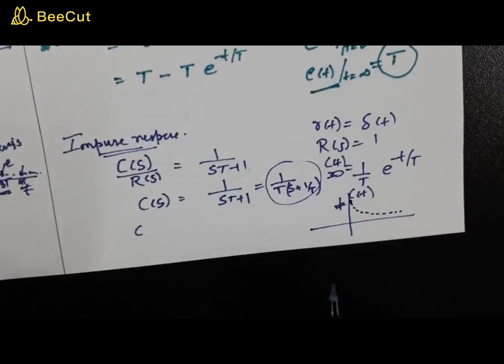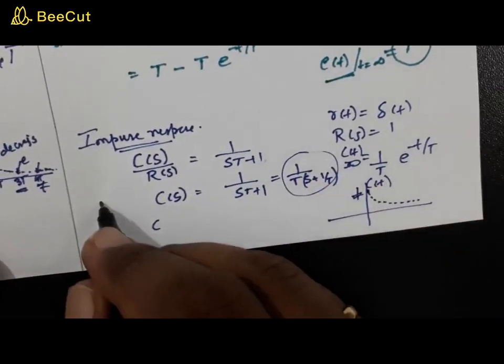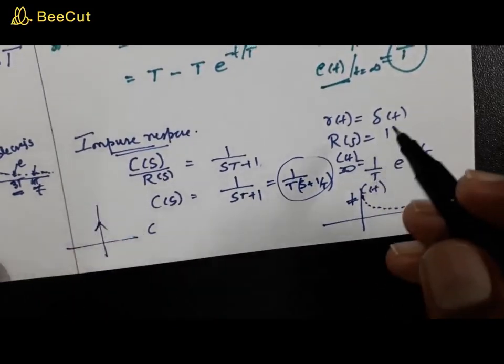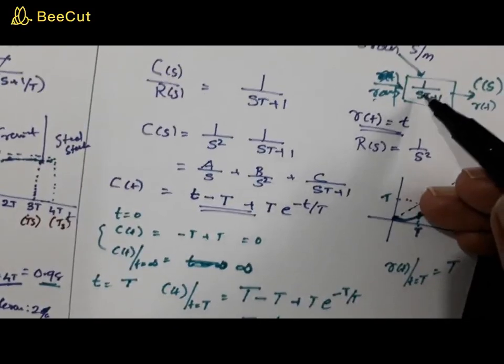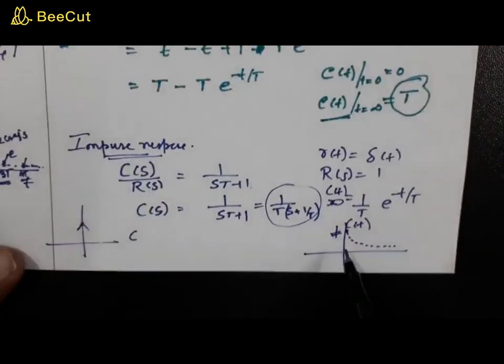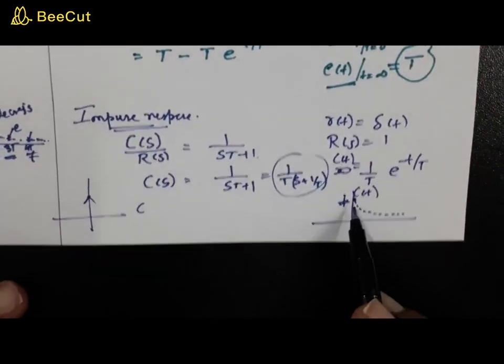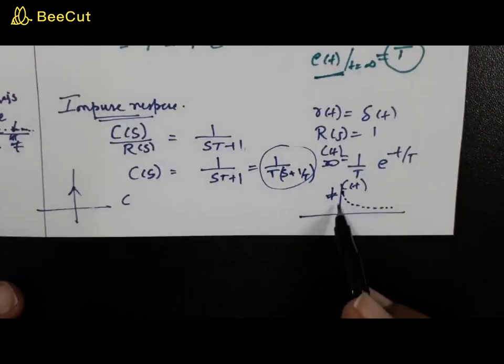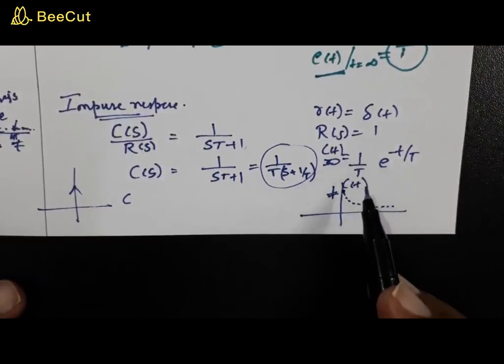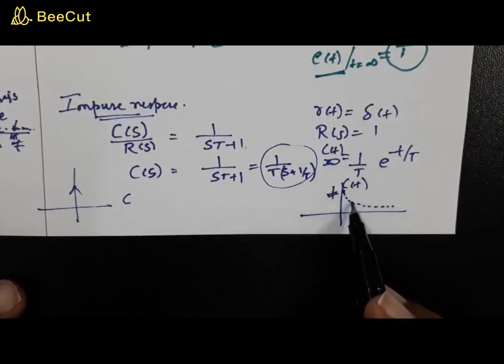So the impulse is usually represented by this, right? When you give an impulse to this first order system, what you expect is an output like this. It shows that the response goes to a maximum of 1 by T, the reciprocal of the time constant, and finally it reaches 0.